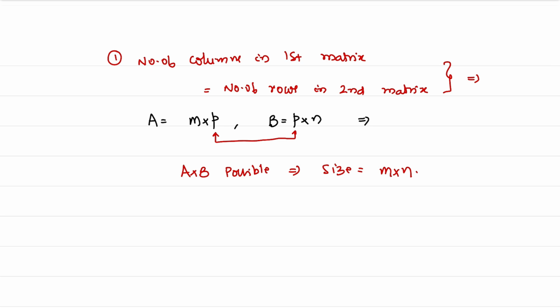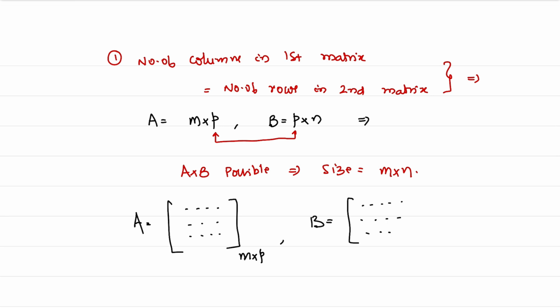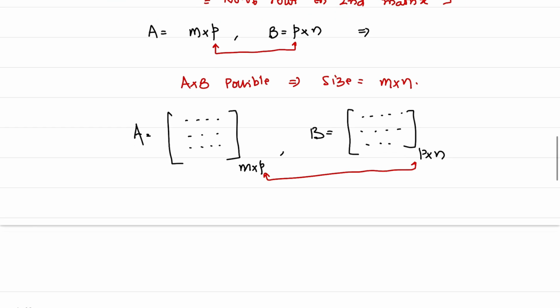It can be shown as A of M into P size, and B of P into N size, then these two should be common. The number of columns in the first and the number of rows in the second should have the same value.